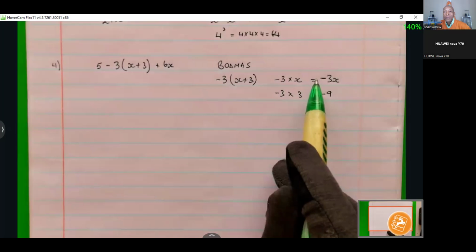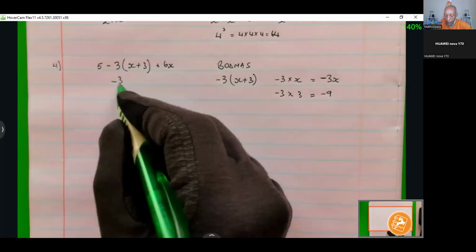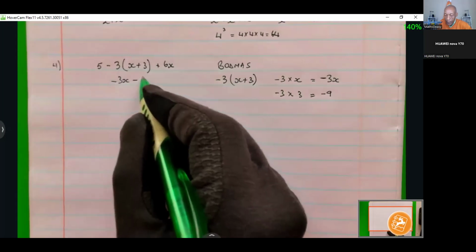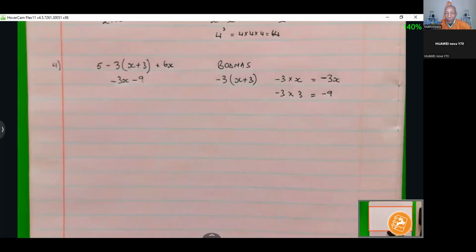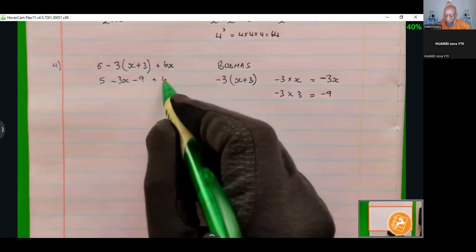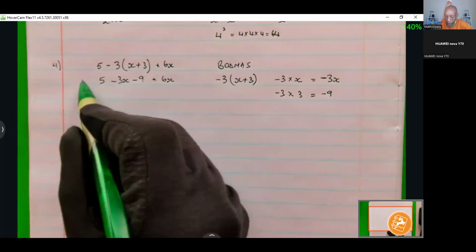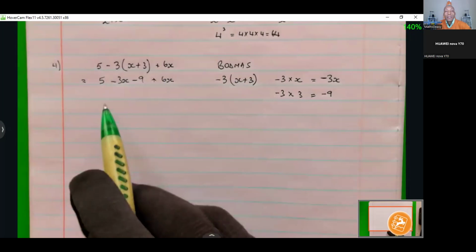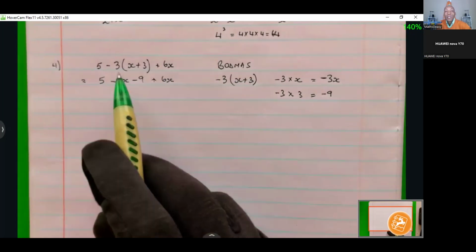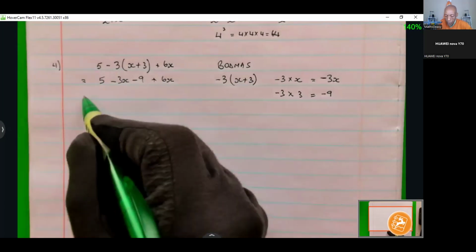We got -3x and -9, isn't it? Yes. But we did not do anything with these other terms, so we rewrite them. And we are also saying that this step is a simplification of the previous step. Then what do we do in this step?